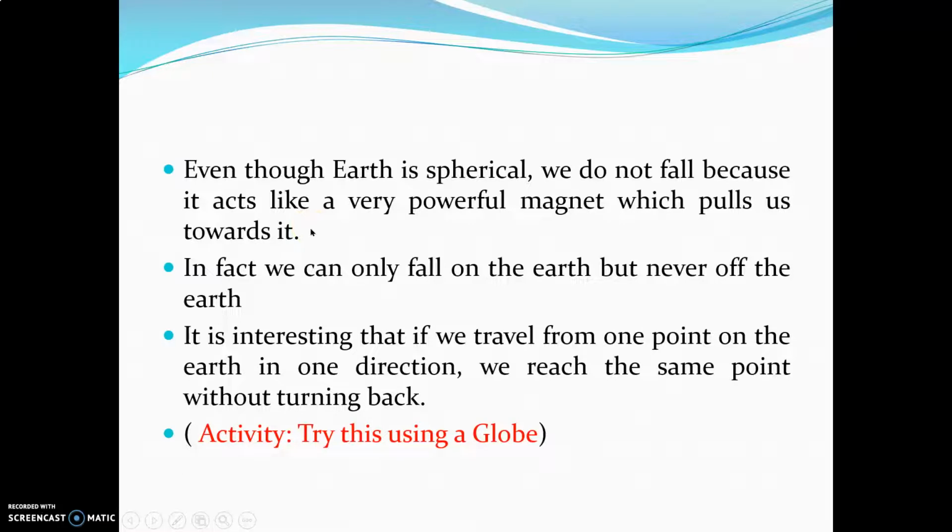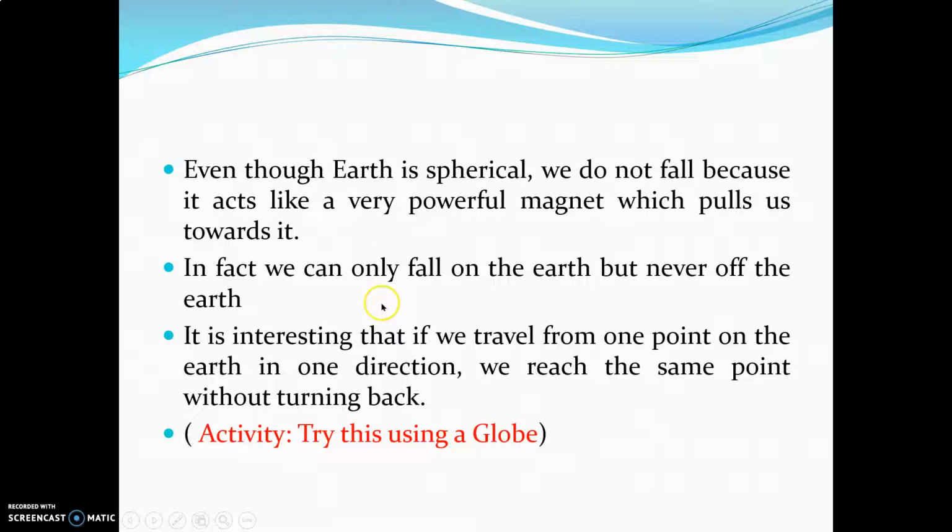The reason is that the Earth acts like a very powerful magnet, as you already know about magnets, and it pulls us towards it. That's why we never fall off the Earth. In fact, we can only fall on the Earth, but never off the Earth.